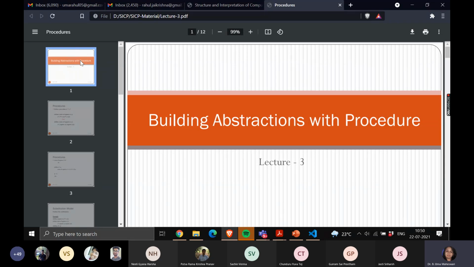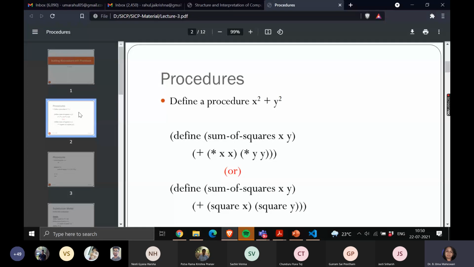Okay, so in the last session we discussed building abstractions with procedures. In the Lisp language, particularly the Scheme dialect, we saw how to define a procedure. Procedures are very helpful for defining and implementing logic, right?